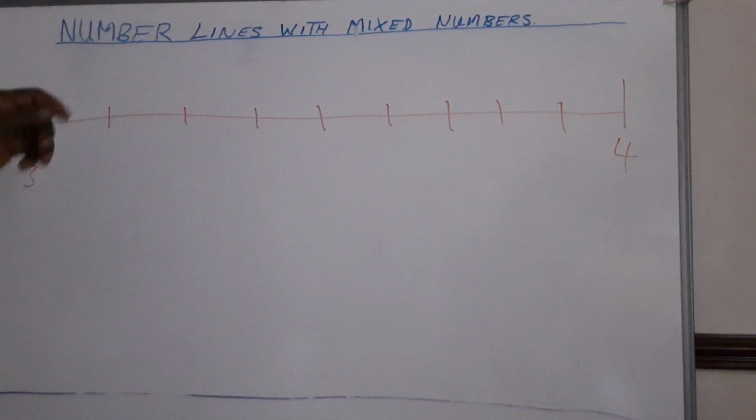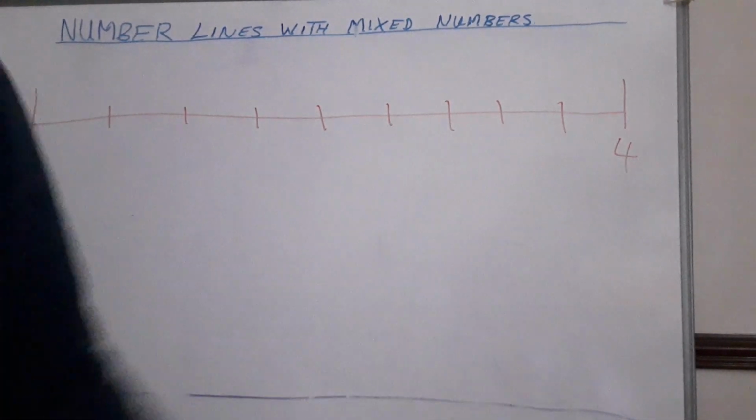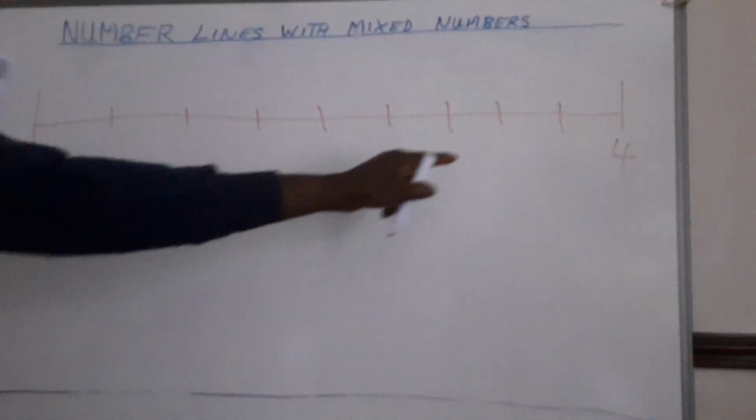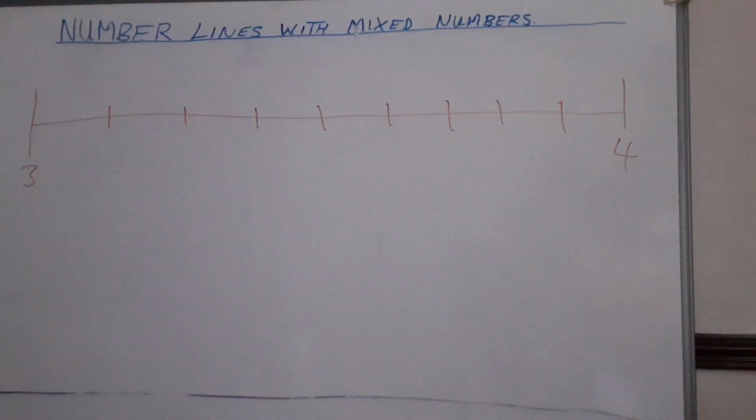If we have to complete this number line, we have a start number of 3 and the end to be 4. And always you have to remember the rules. It says to find the difference value between the start and the end.